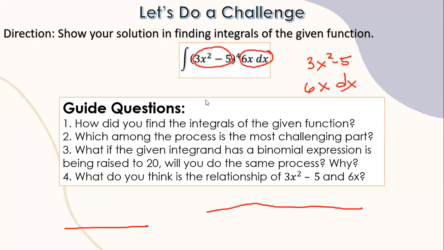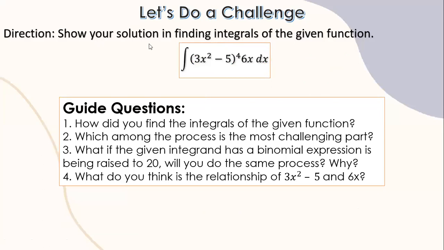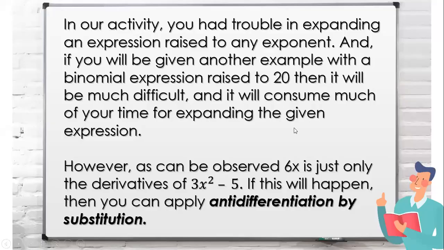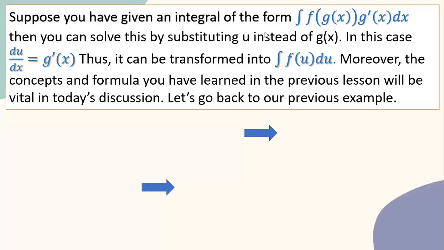Again, dito kay 3x squared minus 5, ang derivative niya, given, kasama niya, 6x dx. So, paano natin gagamitin yung anti-differentiation by substitution?